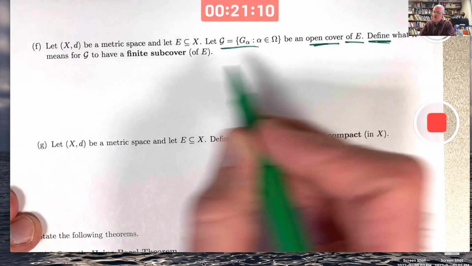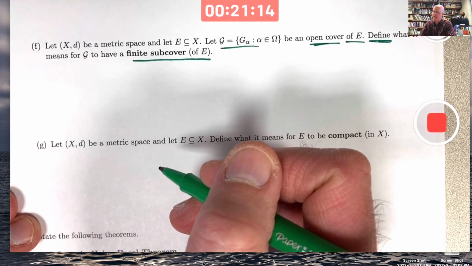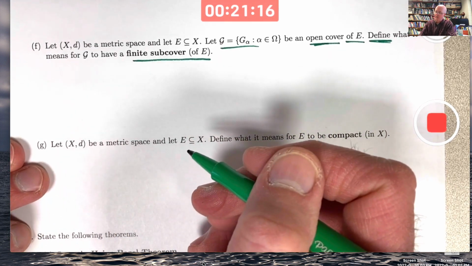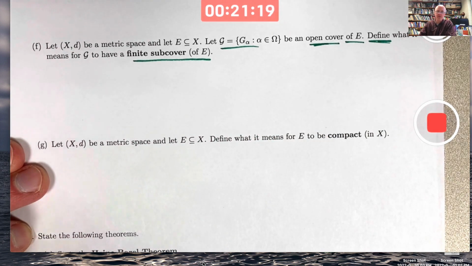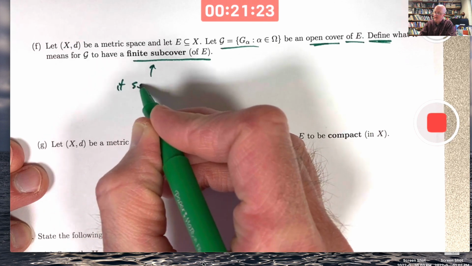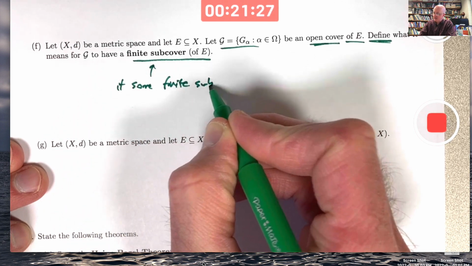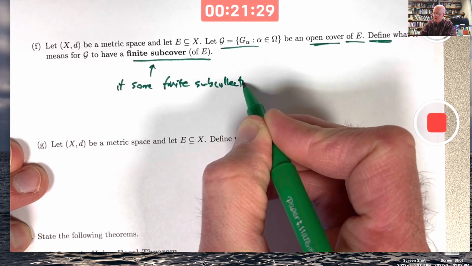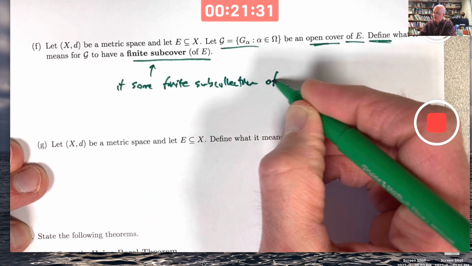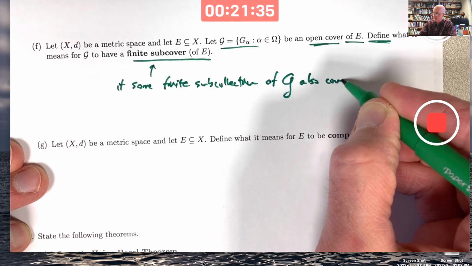Define what it means for G to have a finite subcover of the set E that's implied. Well, it's already an open cover of E. G has a finite subcover of E if some finite subcollection of cursive G also covers E.